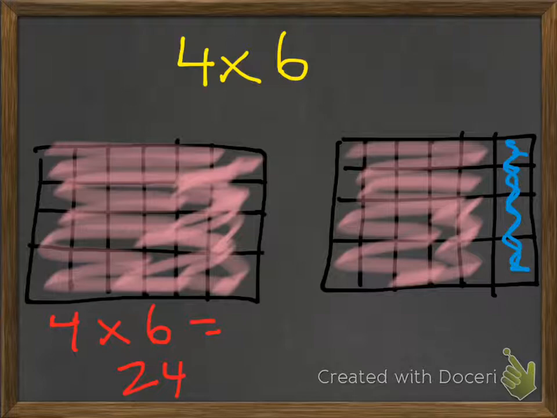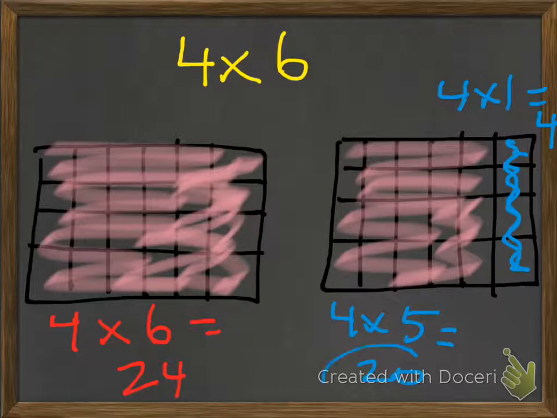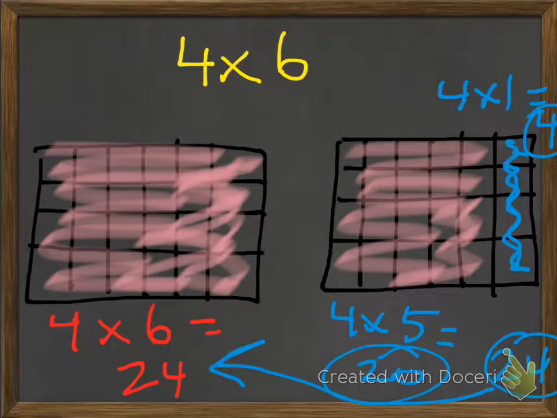This first part here, we actually have 4 times 5, and that's going to give us 20. But this blue section right here is 4 times 1, which as we know equals 4. And if we add the 20 and the 4 together, we're still going to come up with 24, just like the answer over here.